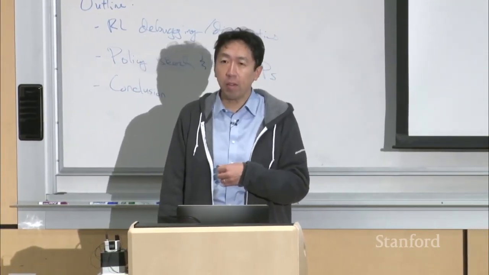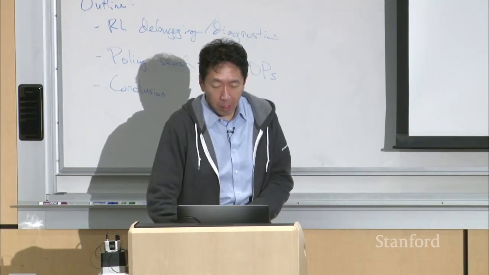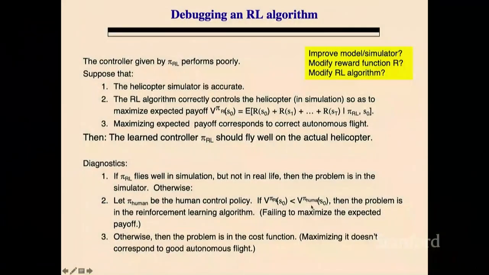And if the payoff achieved by the learning algorithm is less than the payoff achieved by the human, then this shows that the learned policy is not actually maximizing the sum of rewards, right? Because whatever the human is doing, he or she is doing a better job maximizing the sum of rewards than the learned policy. So this means you should consider working on the reinforcement learning algorithm to try to make it do a better job maximizing the sum of rewards, right?